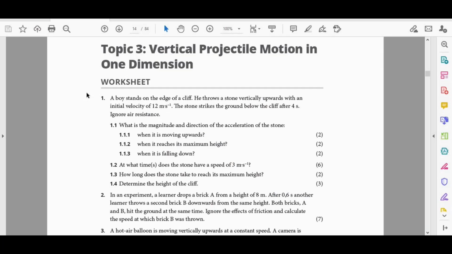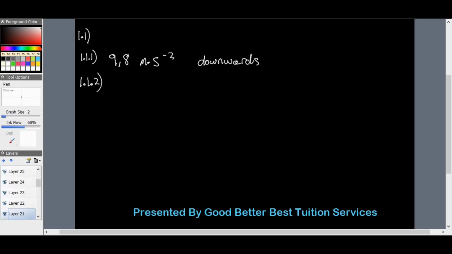The gravitational force is still going down. 1.1.2, when it reaches its maximum height, same answer, 9.8 meters per second squared, still downwards.